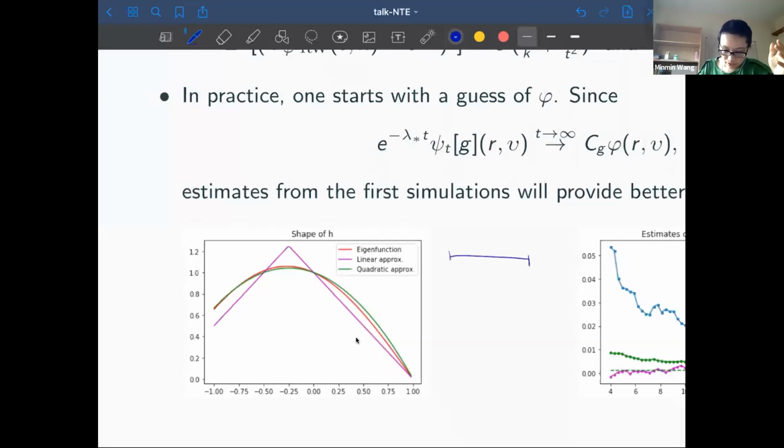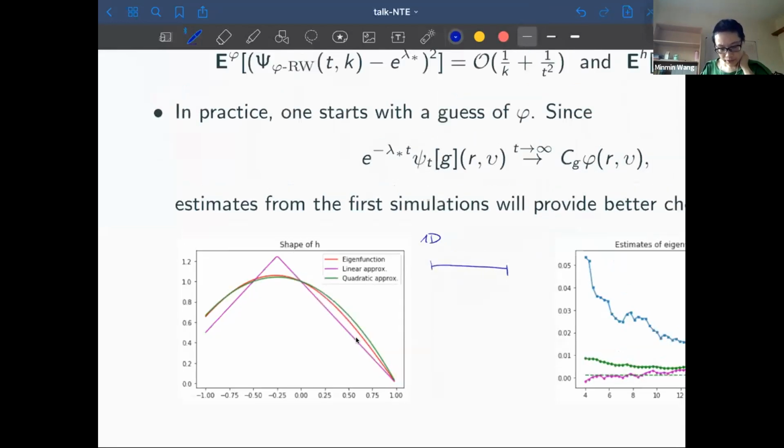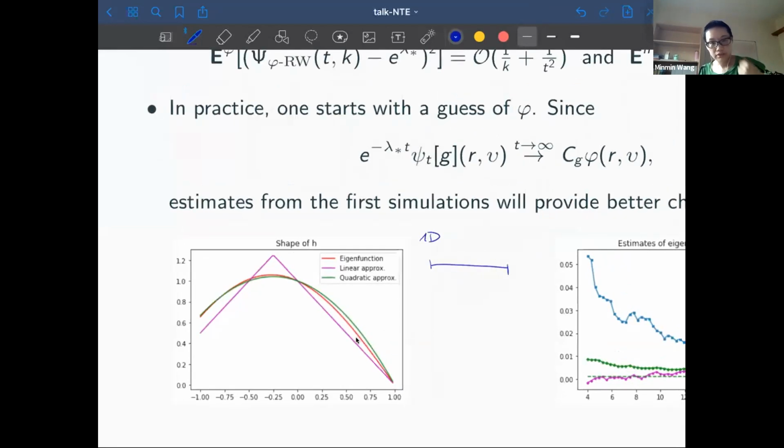We have looked at a 1D nuclear reactor, which is just an interval. It turns out in this case that the NT has analytic solutions. So we can find the explicit expression for the eigenfunction, which is plotted as the red line here. We have taken 2 approximations for this eigenfunction.